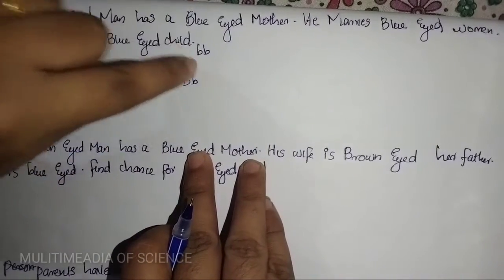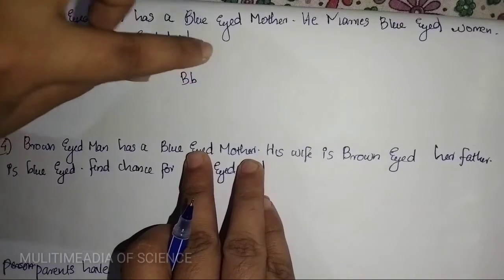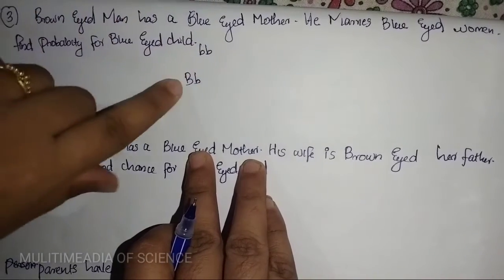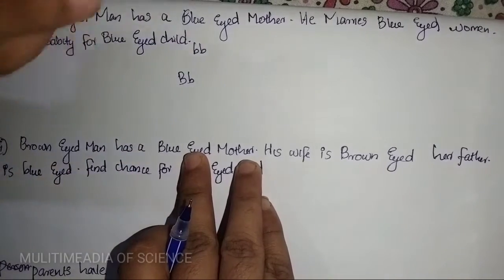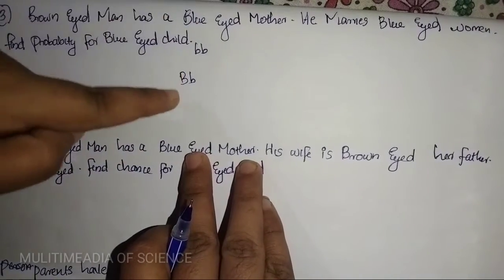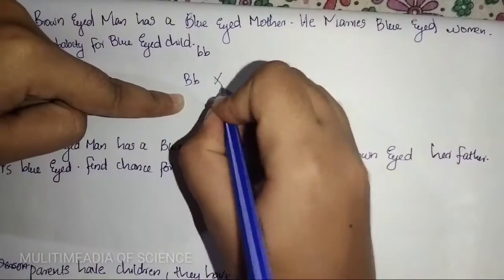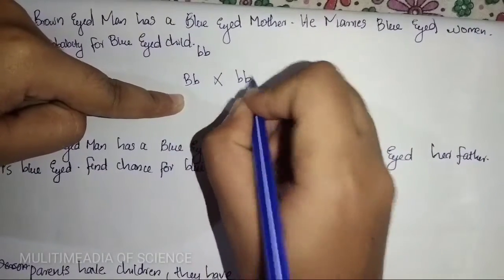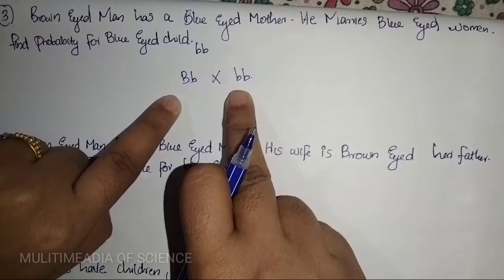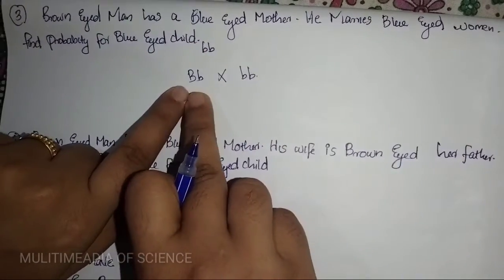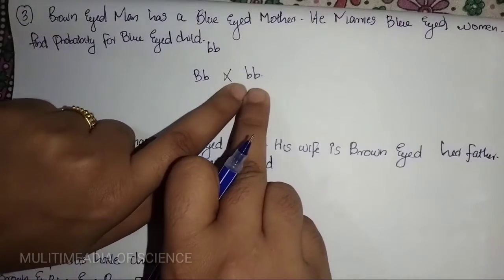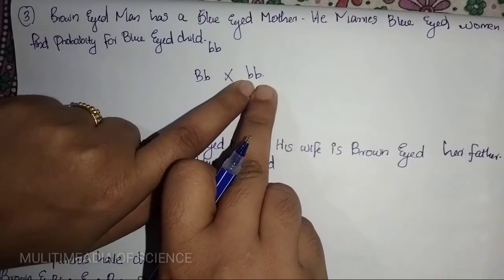So he should be heterozygous in genotype. So this brown-eyed man has a blue-eyed mother and he marries a blue-eyed woman. Then find the probability for the blue-eyed child. Clear? So capital B, small b, cross small b, small b.